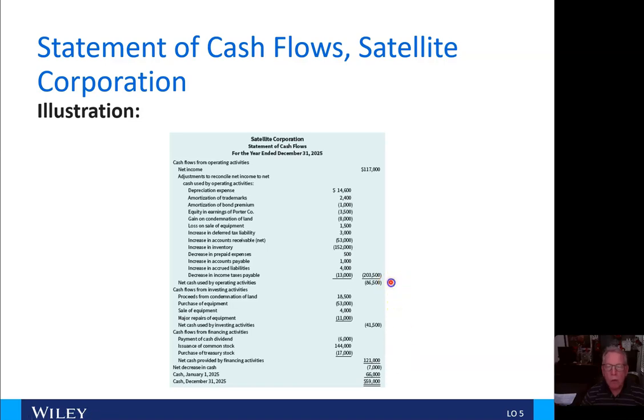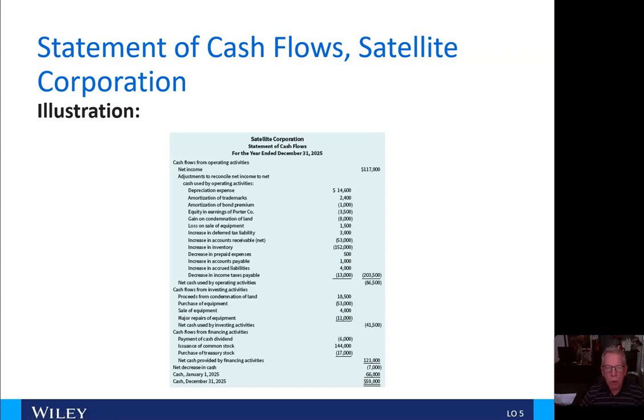So a little unfortunate here that we used cash by operating activities. However, most of that was due to the increase in inventory, which in theory would be used up eventually. So we had a decrease in cash of $7,000. Our cash beginning was $66,000. So our ending cash position was $59,000.